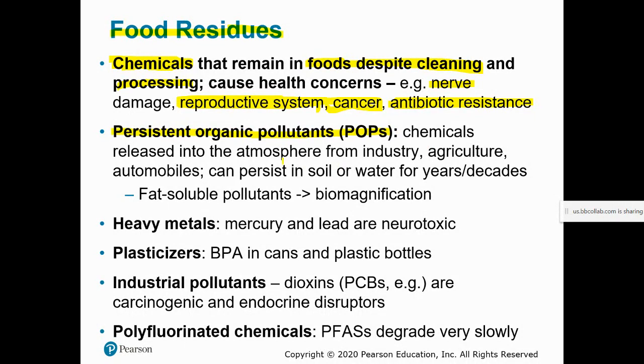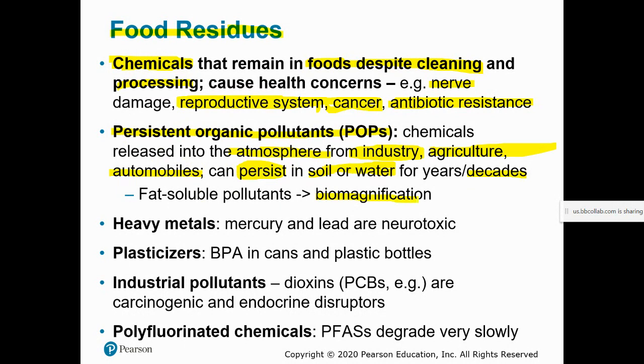So these are chemicals that get into the atmosphere from sometimes agriculture, sometimes industrial waste products, either into the air or into the water system, certainly cars and other modes of transportation. And so these chemicals are called persistent organic pollutants because they persist, meaning they continue to be present in both soil and water for very extended periods of time, often decades.